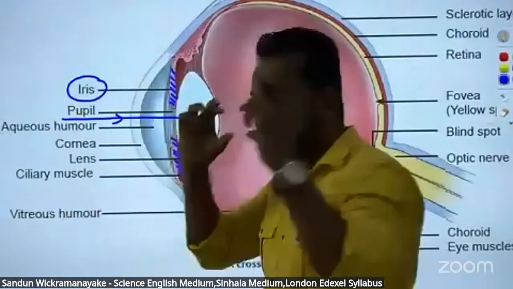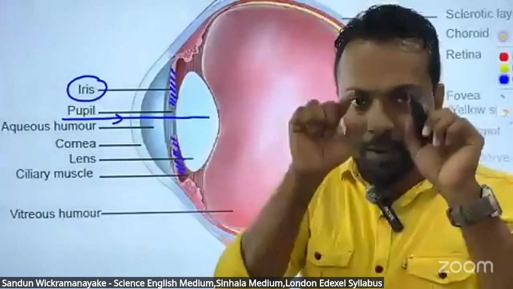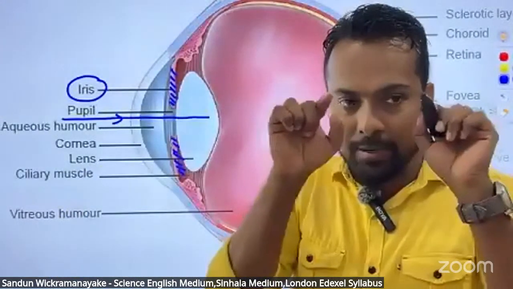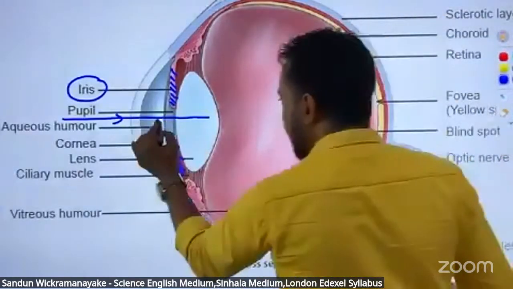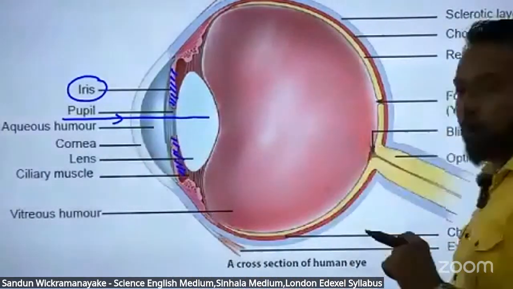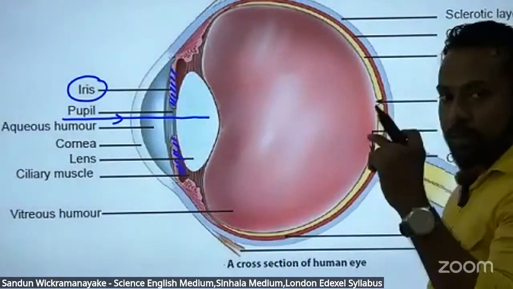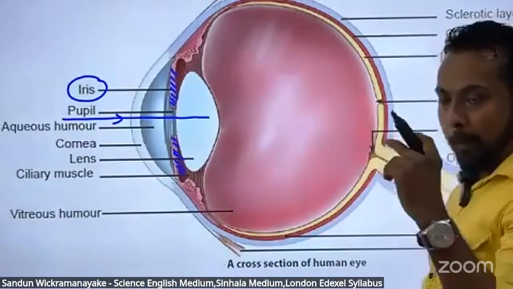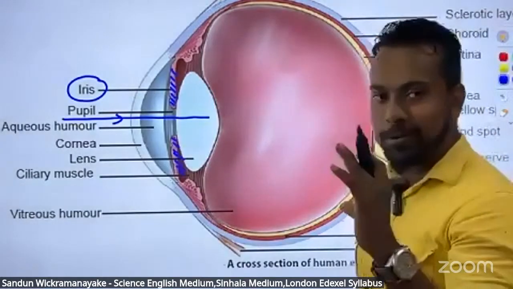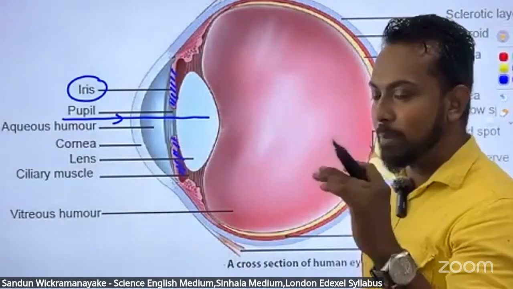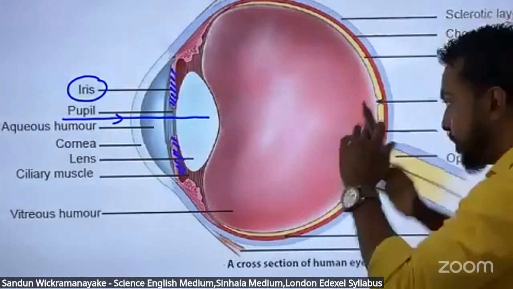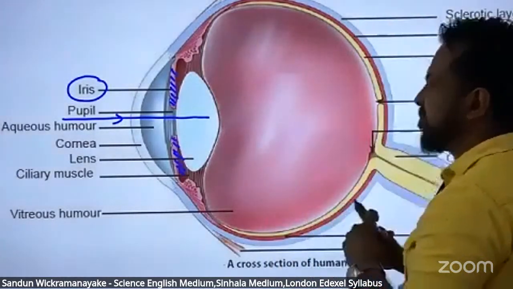In the front of the eye, we can see it like a black color dot, but it's a kind of hole. Look at this. Listen and watch carefully. After that, we can write down the notes about the eye. But you should focus on this.